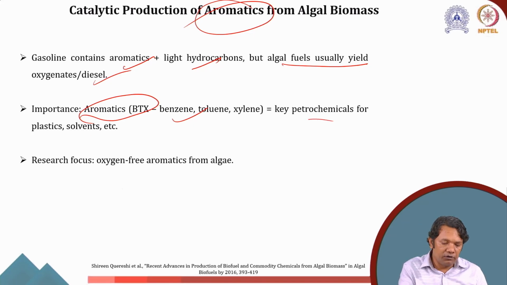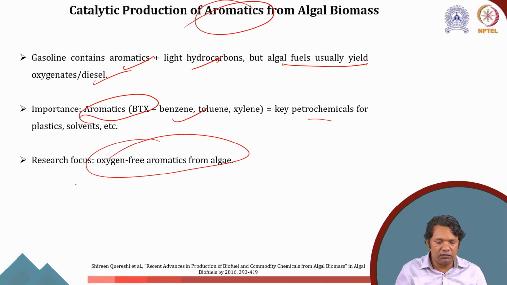So we try to focus on oxygen-free aromatics. Although it is very emerging and there are different methods, you can still try to make it. For example, you can use a zeolite first to convert to linear chain alkanes, then use a zeolite to convert these linear chain alkanes into the aromatic form.